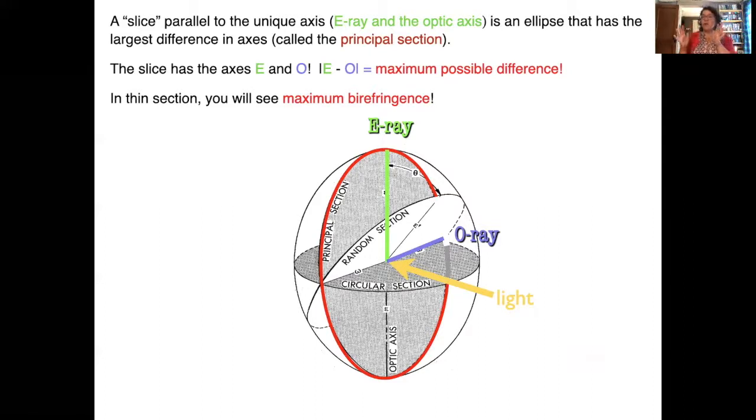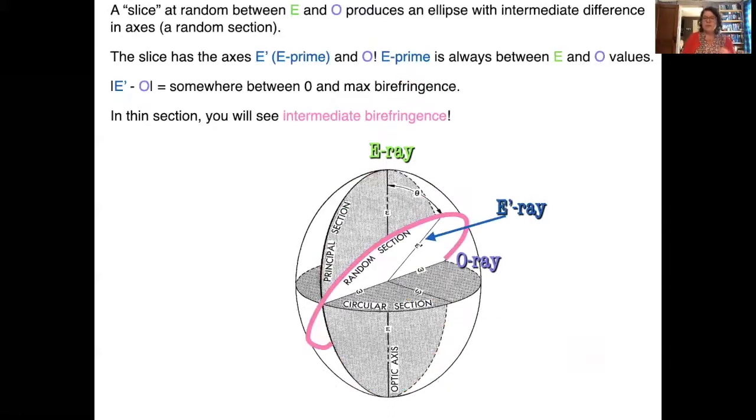So it sees the O ray and the E ray, and that means that you will see the maximum possible difference, and that gives you maximum birefringence. Okay, so that's the maximum you can see. That maximum is different for every mineral, and you can look up what the maximum birefringence is.